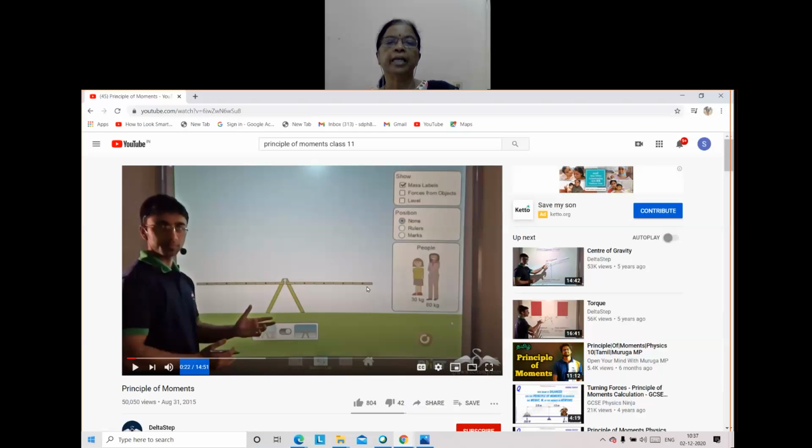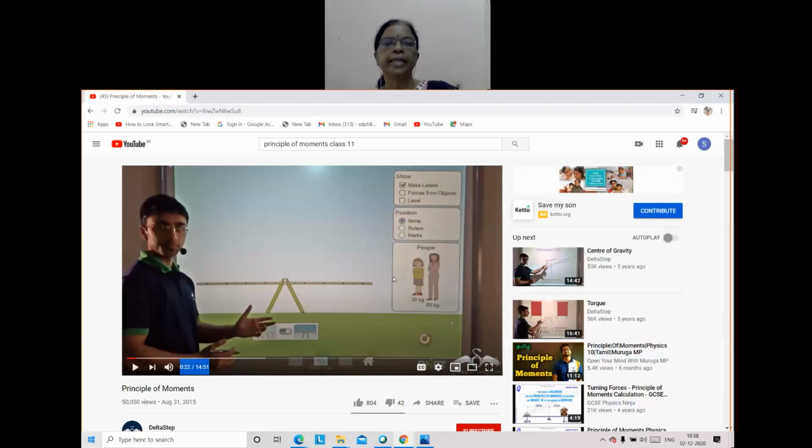So 300 into 2 is 600 Newton meter. That is the torque acting here, the rotating effect. If we keep the child here, which direction will it rotate, clockwise or anti-clockwise? Clockwise. Correct answer.